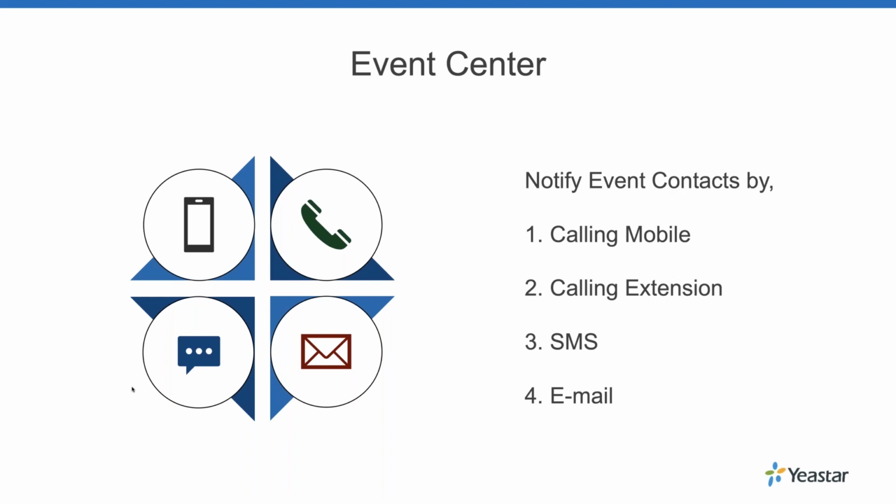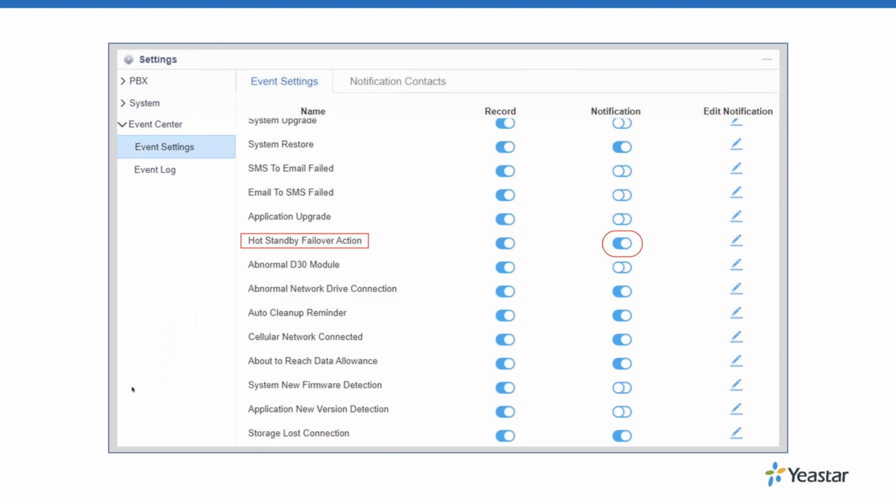We can actually notify the contacts by calling the mobile, calling the extension, sending short messages, or sending email. Very flexible, many different options are available here. This configuration is pretty easy, guys. Not a big deal. You can just go to Event Center, Event Settings, then enable the notification for hot standby failover action.